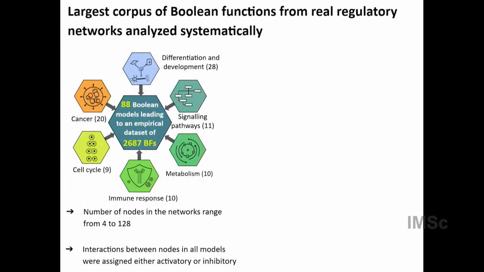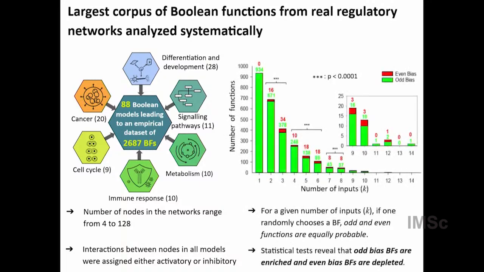to collate a set of Boolean functions derived from 88 Boolean models which have been reconstructed till date. And from these 88 Boolean models, we extract all the Boolean functions and study them. So the first observation we make is that you can compute the in-degree distribution of this set of 2687 functions.